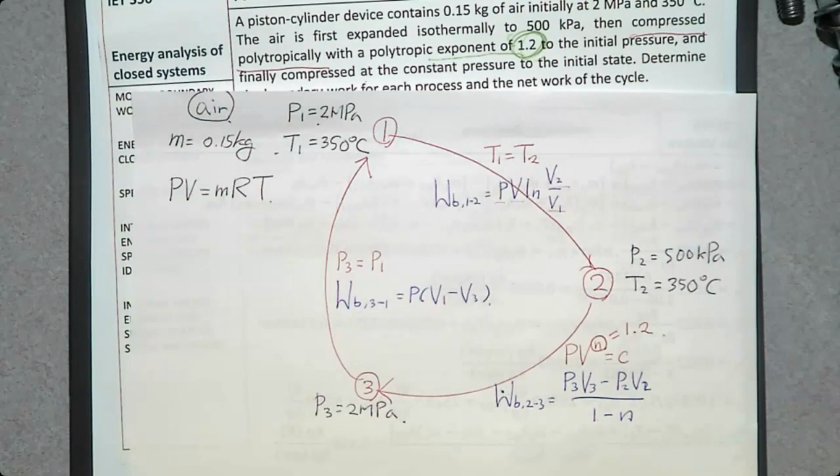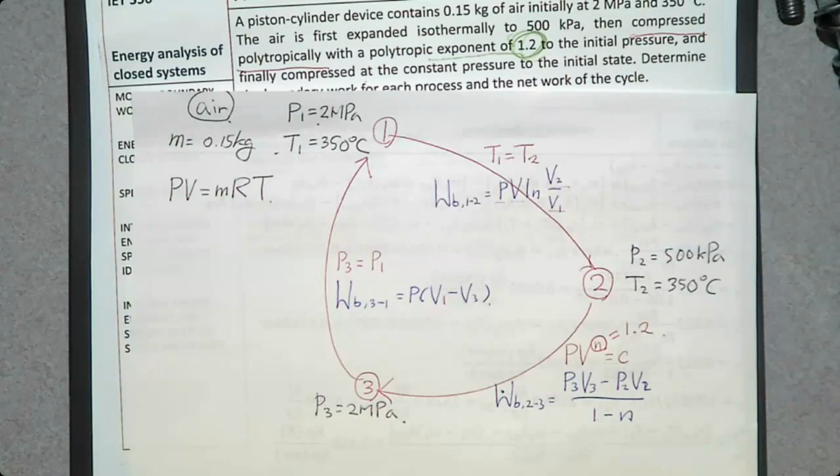No, you can apply this ideal gas equation not for the entire cycle, but for each state. So you can use PV equals mRT only at number 1, only at number 2, only at number 3. You cannot say P1, V3, and T2. You cannot mix them, okay?